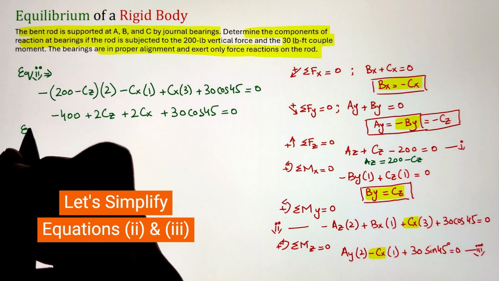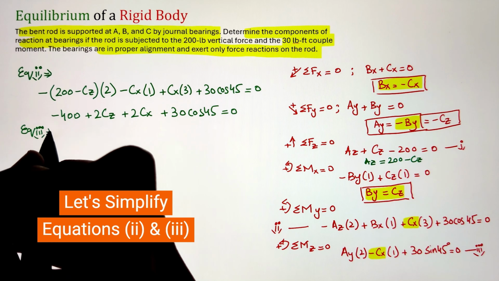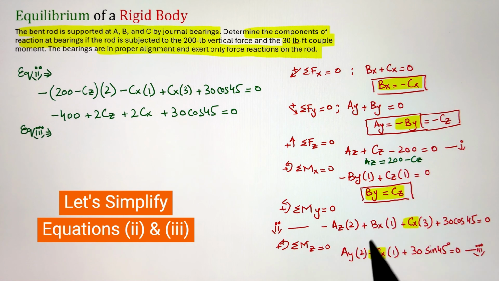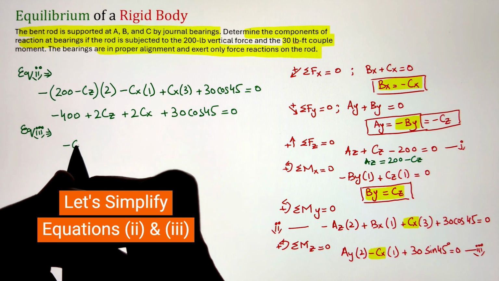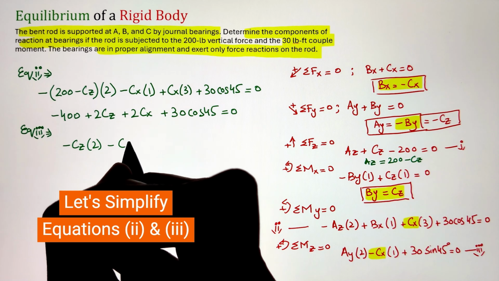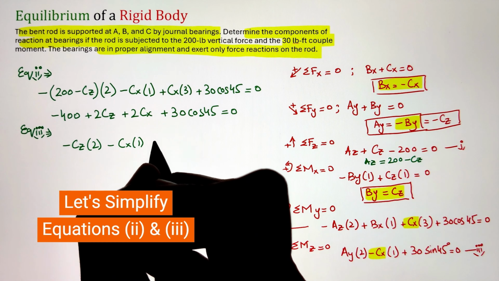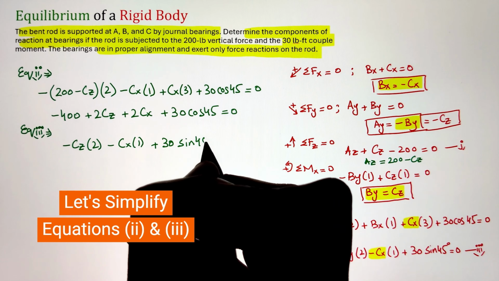Now, once equation 2 is simplified, let's move to equation 3 and simplify that as well. In this case, Ay is present, and we know Ay equals negative Cz as given in the summation of forces equation along the y-axis. So I have minus Cz times 2 minus Cx times 1 plus 30 sin 45 equals 0.